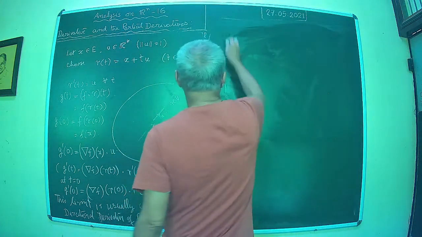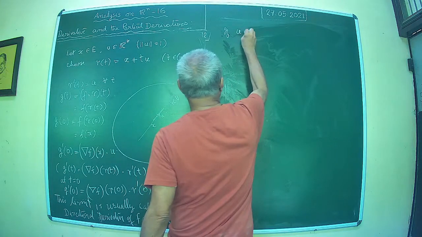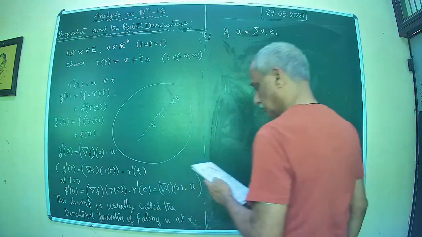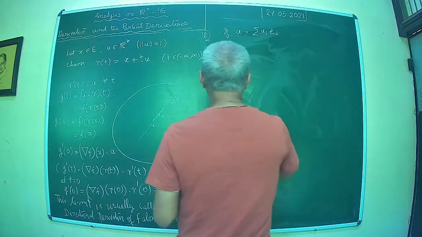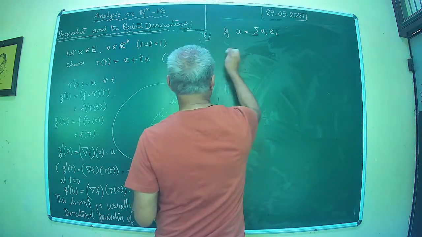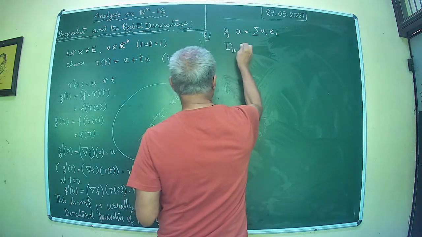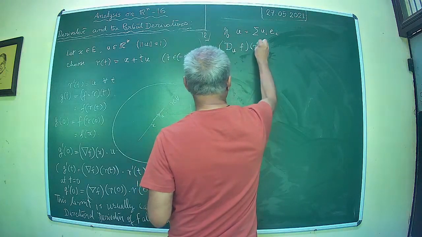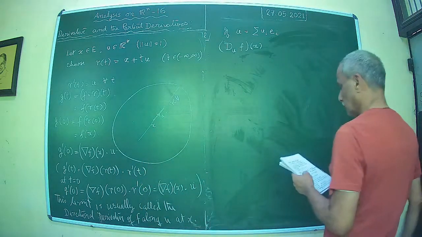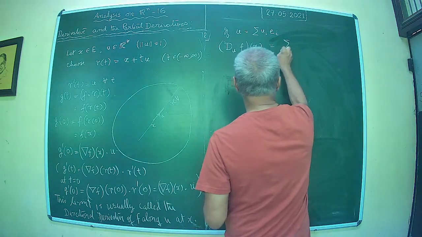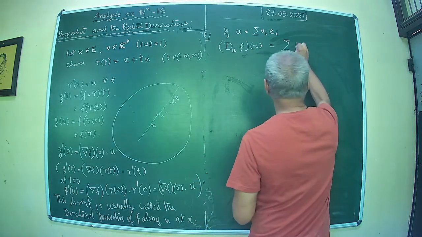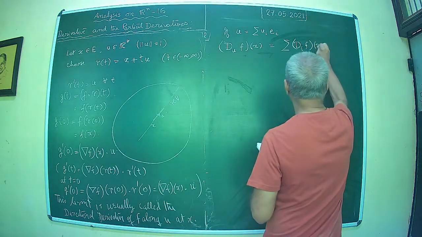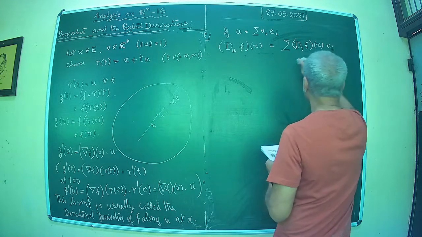So if u is equal to ei, then we denote by the directional derivative D u f at x, which is essentially the partial derivative of f with respect to xi.